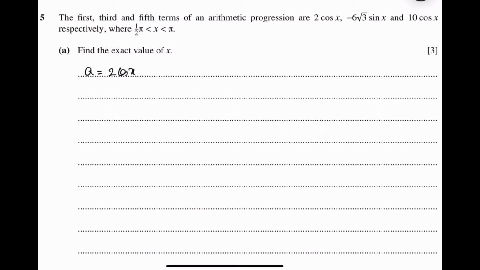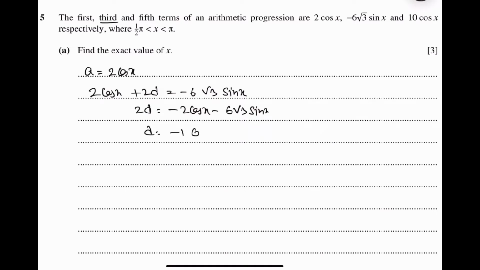The third term is a plus 2d, that means 2 cos x plus 2d equals minus 6 root 3 sin x. Then 2d equals minus 2 cos x minus 6 root 3 sin x. d equals minus cos x minus 3 root 3 sin x.